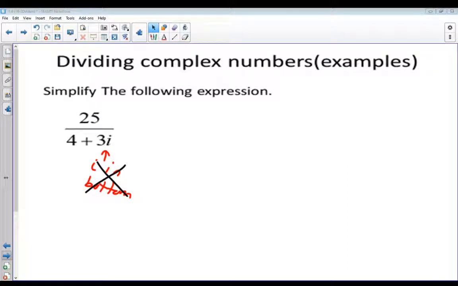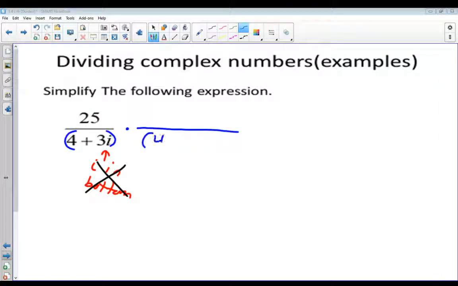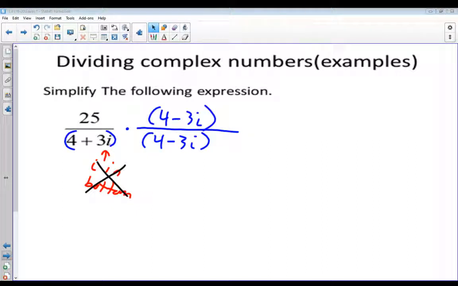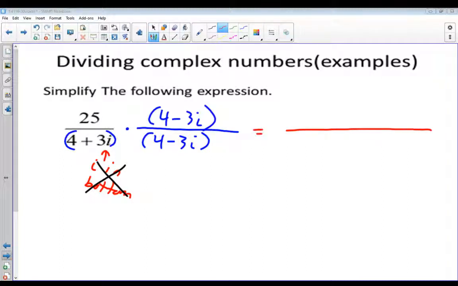And the way that we're going to do that is we're going to multiply top and bottom by the conjugate of the bottom. So 4 minus 3i. 4 minus 3i. And let's go ahead and do that. I'm going to go ahead and do it over here. Going to first FOIL the bottom.